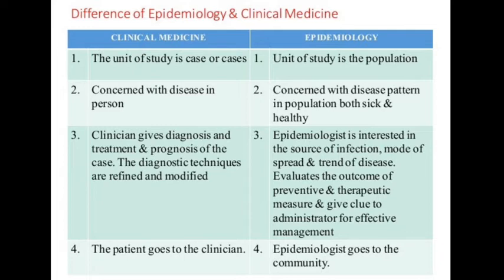It evaluates the outcome of preventive and therapeutic measures and gives clues to administrators for effective management. The last point is, under clinical medicine, the patient goes to the clinician, whereas in epidemiology, the epidemiologist goes to the community.